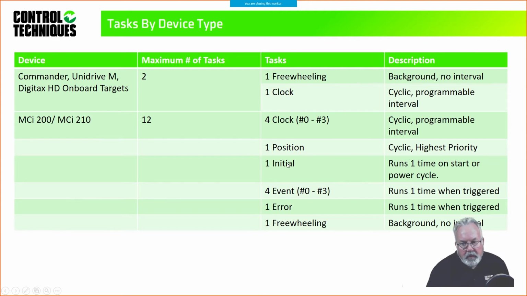So the initial task is commonly used to include drive setup parameters, things you've taken from Connect, your motor information, your encoder motor feedback settings.